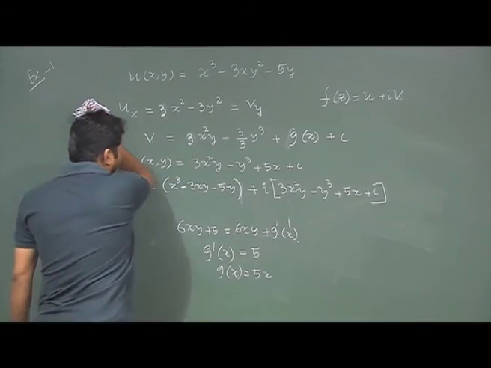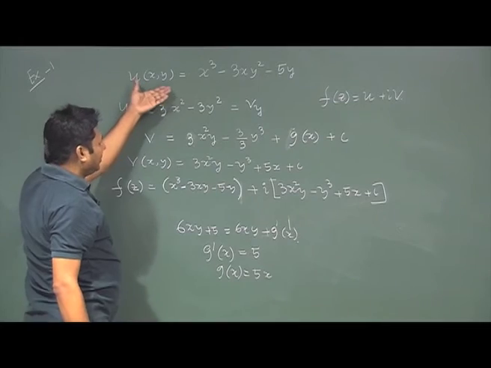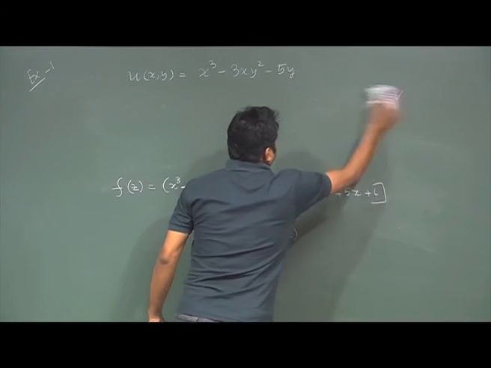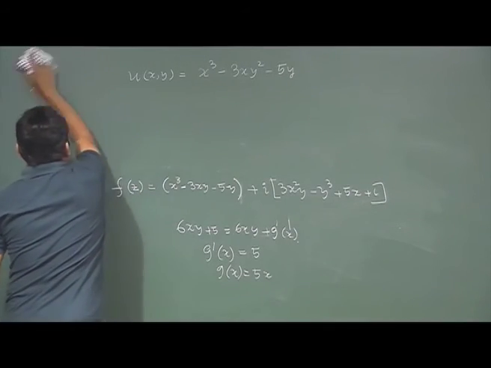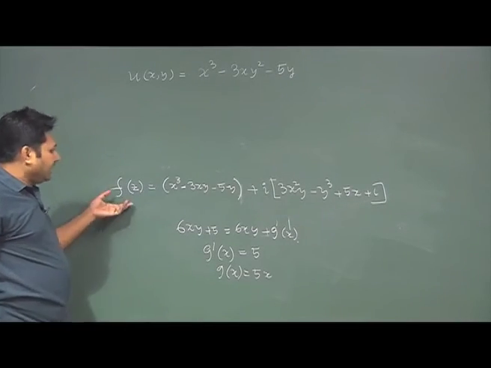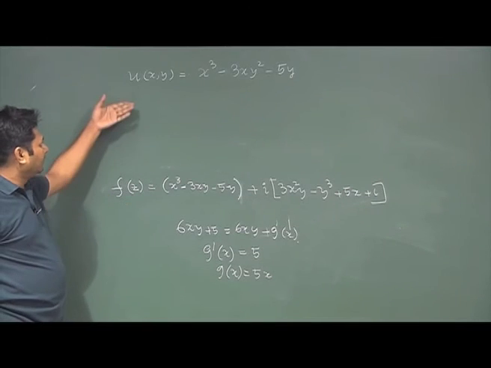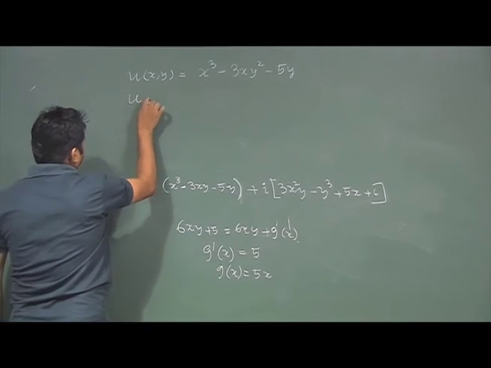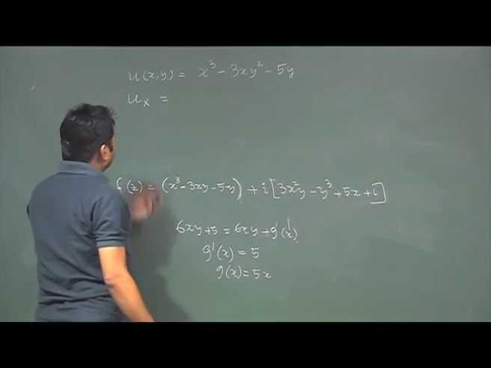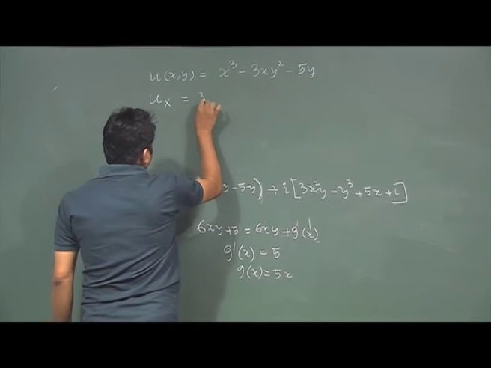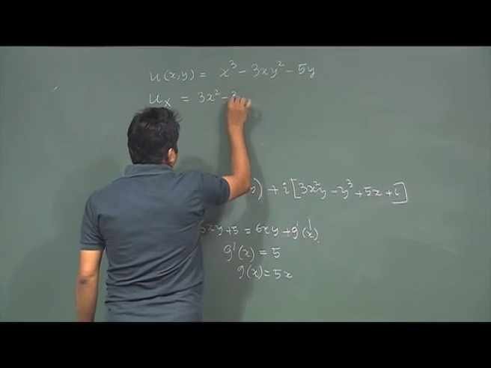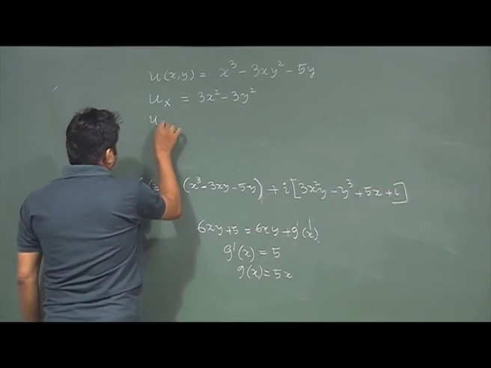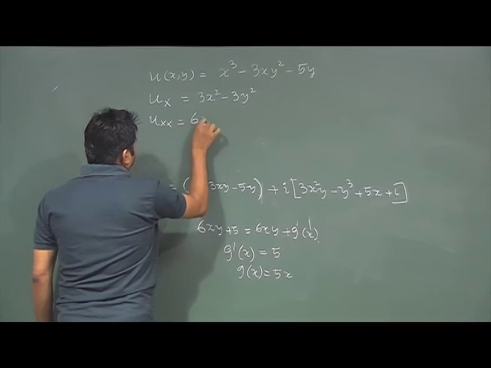Now, another thing is whether the u that is given is harmonic or not, because, as I mentioned, if the function is analytic and following the Cauchy-Riemann equation, then whatever the u I am getting should be harmonic in nature. So, that means u_x is again 3x square minus 3y square, u_xx is 6x.